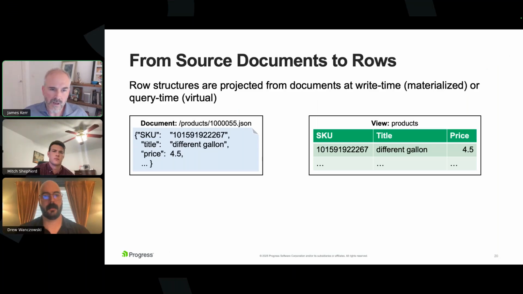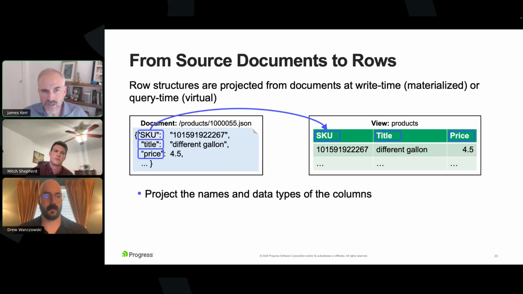So real quickly, a quick reminder about how TDEs work. Template-driven extraction is a way that you project the row structures from your documents. Prior to MarkLogic 12, that's done at write time or into materialized views. In MarkLogic 12, we allow you to do that at query time or into virtual views.